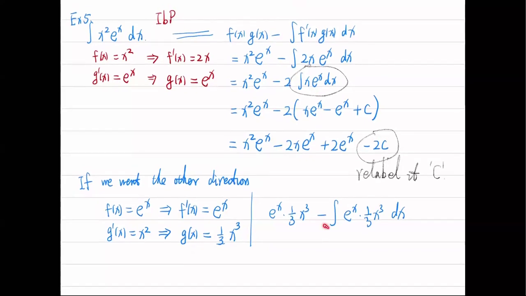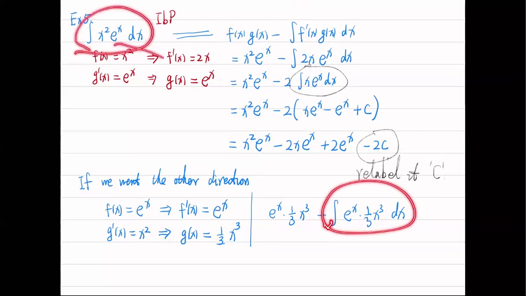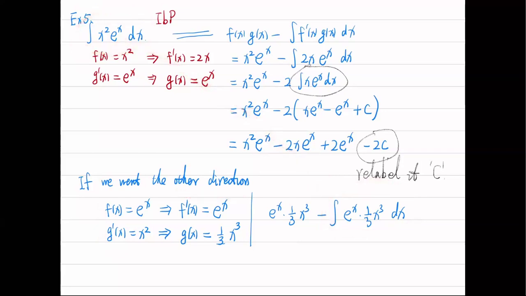You can see this one is more complicated than what we started with. So whenever you get something more complicated, you know you went in the wrong direction. You got the roles of f and g reversed. So if it's more complicated, you stop and go back to adjust your setup.